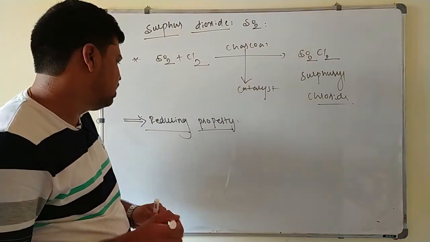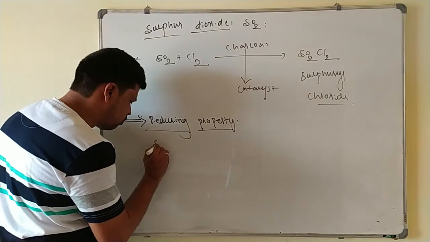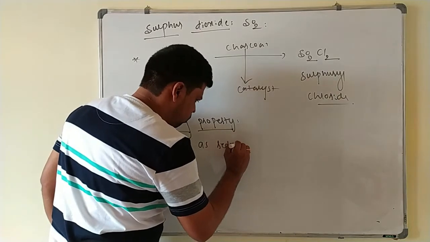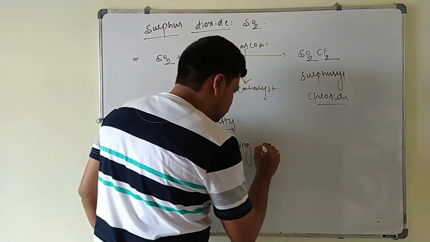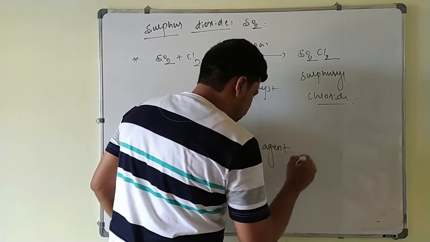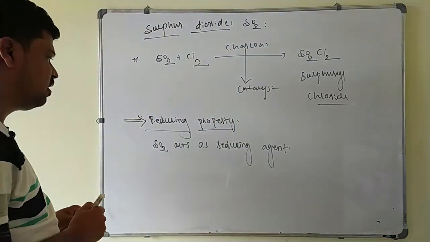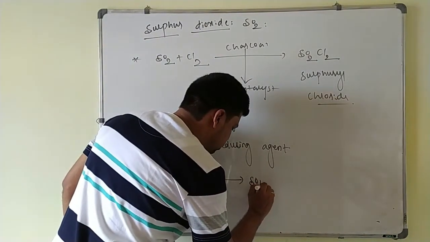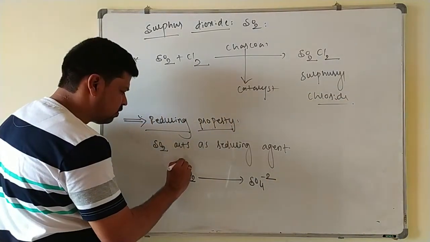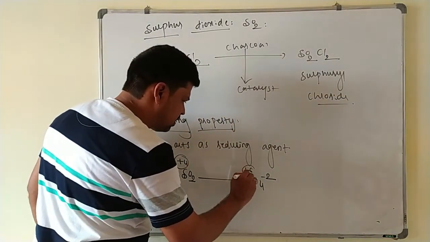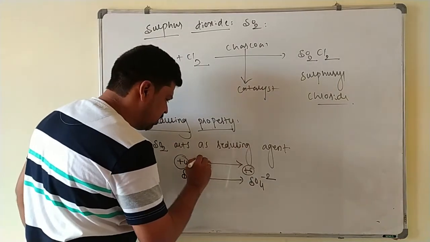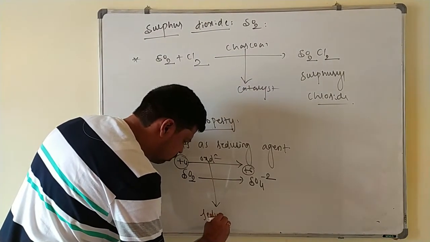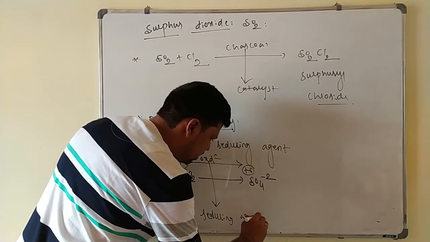Oxidation, hence it acts as reducing agent. That is because of what? Suppose if I take this is SO2, SO2 is oxidized to sulfate ion, where the oxidation state of sulfur is +4 and here it is +6, so that it is undergoing oxidation here. Since it is undergoing oxidation, it acts as a reducing agent.